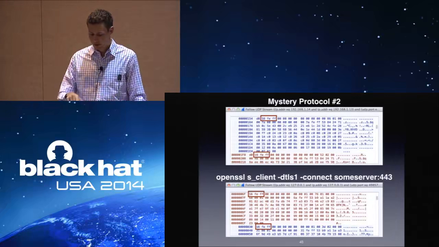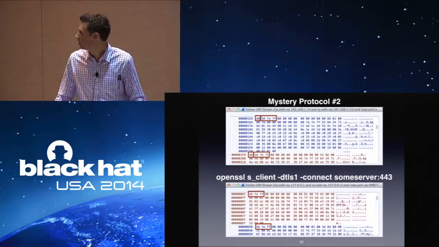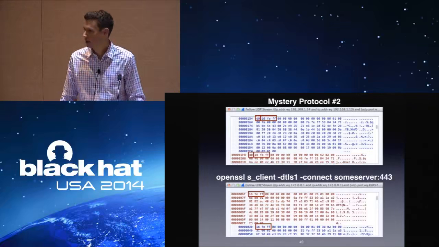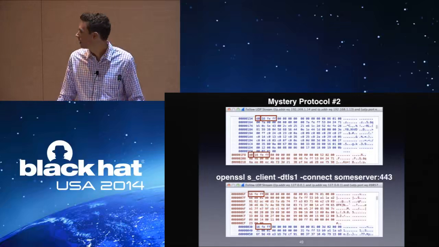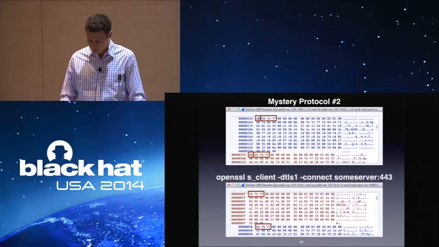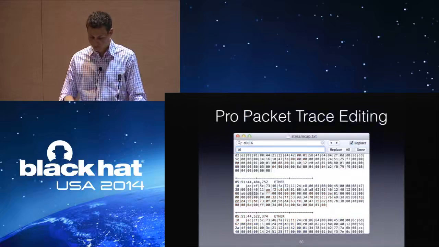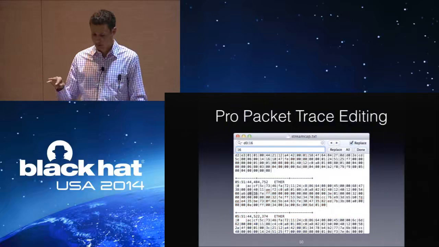So that's there in the mystery protocol. But then there's a difference, as you can see, which is there's a byte at the very beginning, D0, which isn't there in normal DTLS traffic. If you spend more time looking at that, that seems to be the only difference.